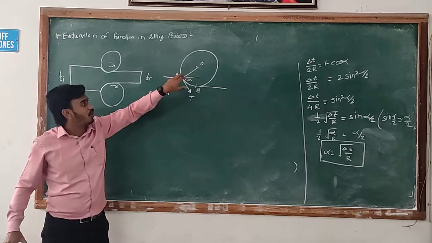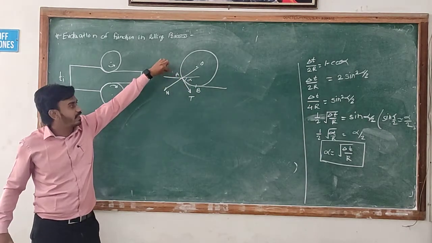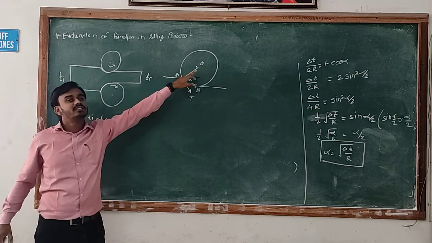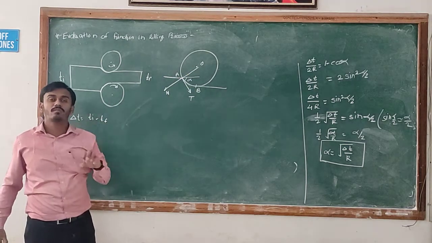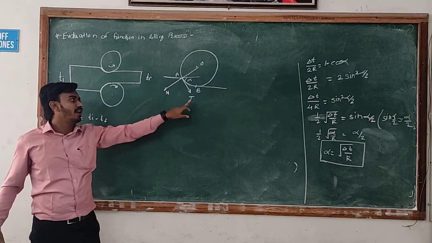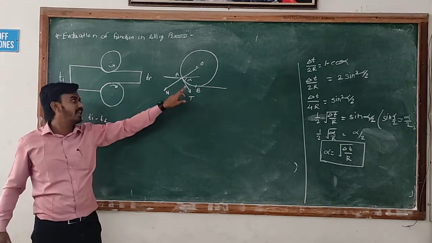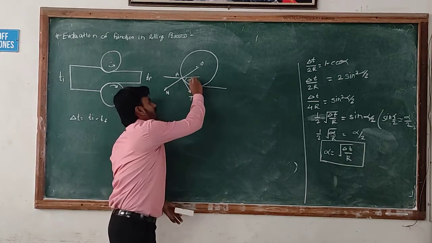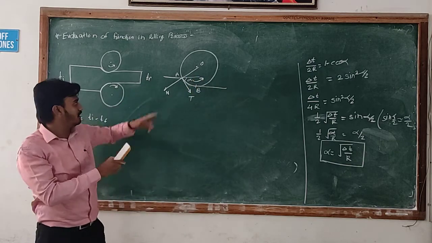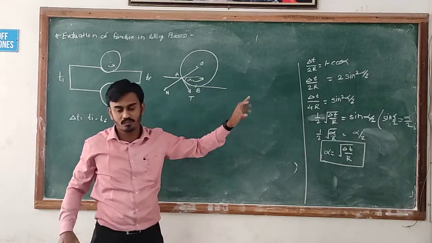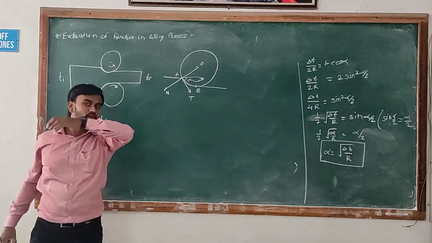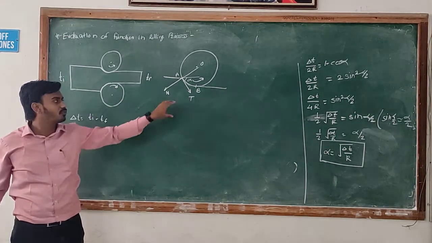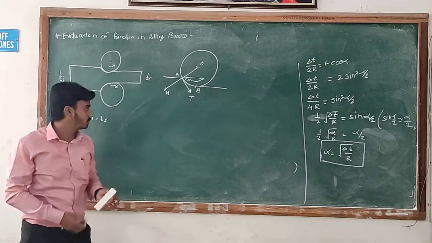At the starting of contact at point A, the roller applies the normal force N and the tangential force T. When this roller is rolling in this direction, this material will move forward.